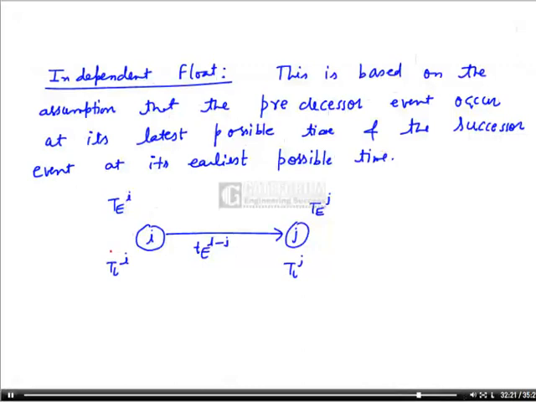So the independent float can be written as the maximum available time minus average duration of the project.